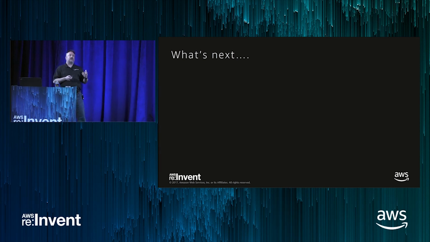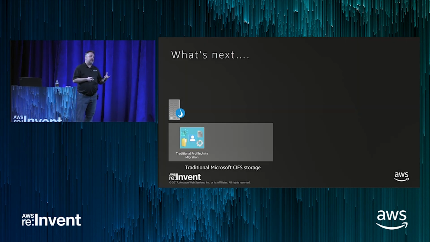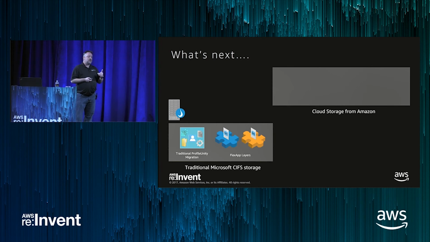But as customers started talking to us about how we integrate with Workspaces, the idea started coming up of, well, what if you could integrate with cloud storage specific to Amazon? So what you're going to have from us in the next couple of months is tight integration directly with S3.